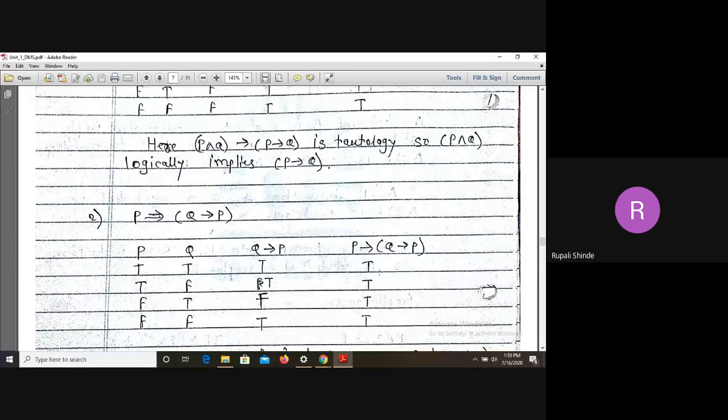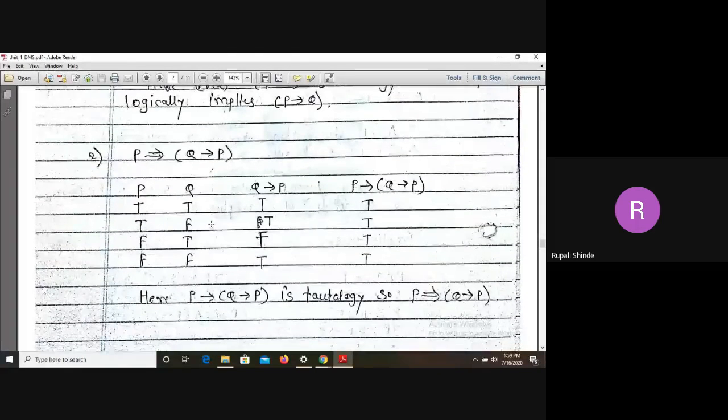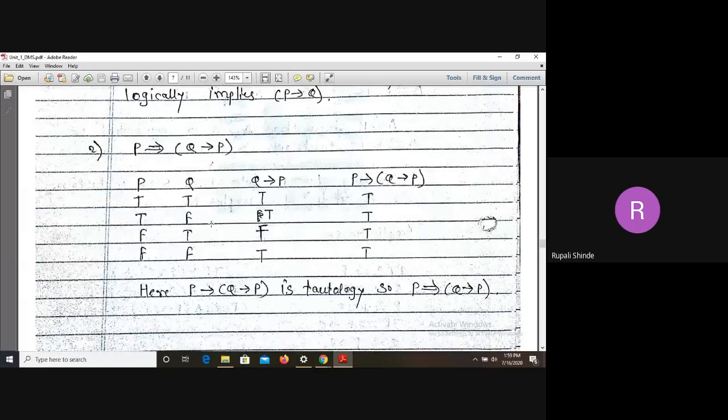No. That's why all the values in the last column are T. So again, we can write the statement that the conditional between the given formulas is a tautology. So P logically implies Q conditional P. So this is the concept of implication.